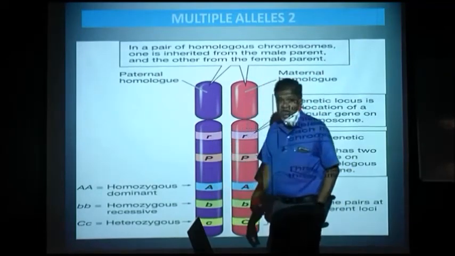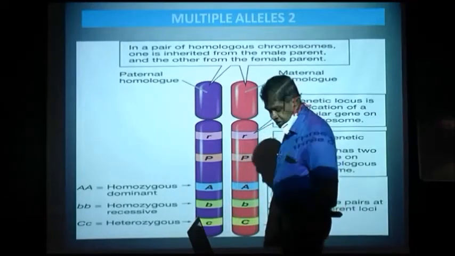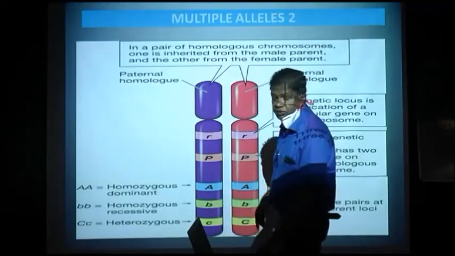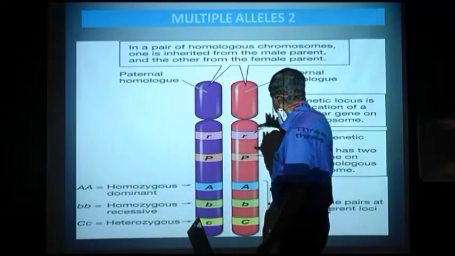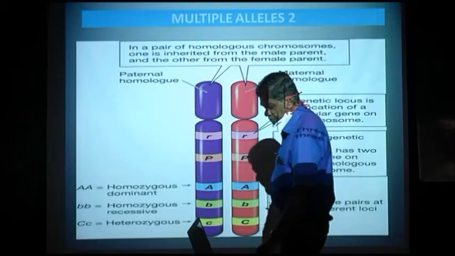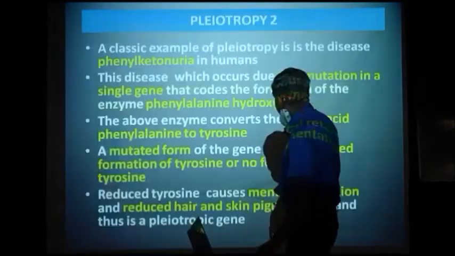That means the genes are present on the chromosome, not on one but on different chromosomes, maybe one chromosome or many chromosomes. The genes are distributed.